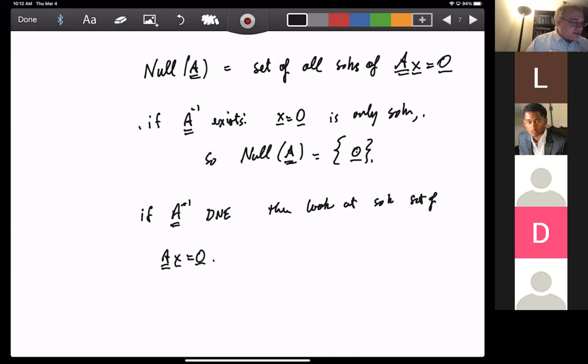If the inverse doesn't exist, then you always have the 0 solution. So in this case, in fact, you have infinitely many solutions. So X is going to be, I don't know, let's call it vectors Y1.